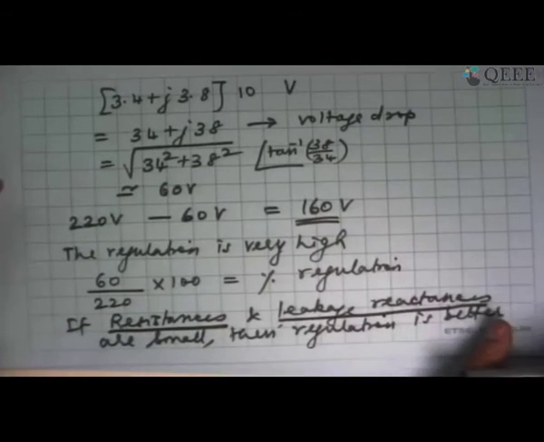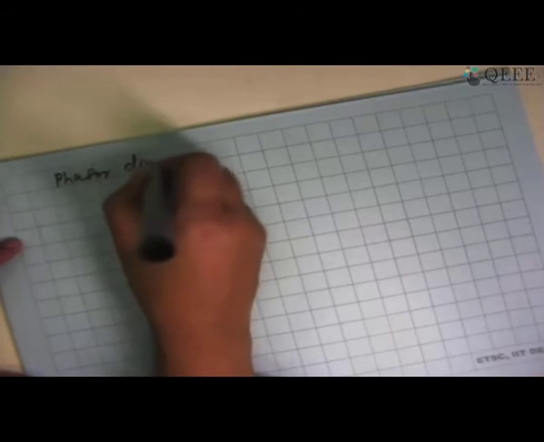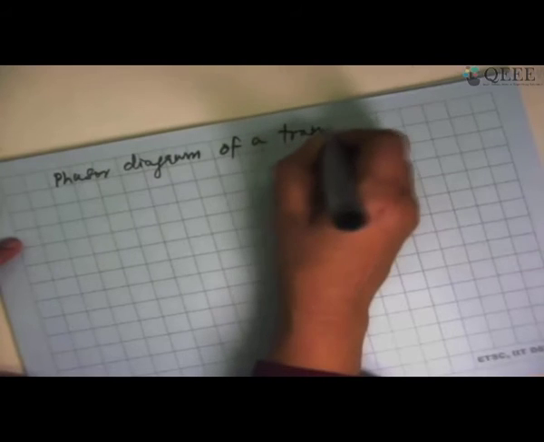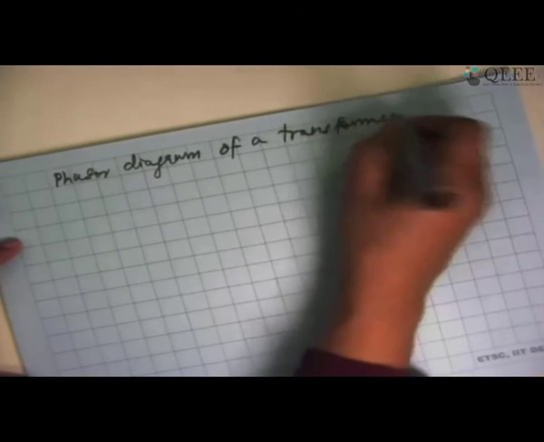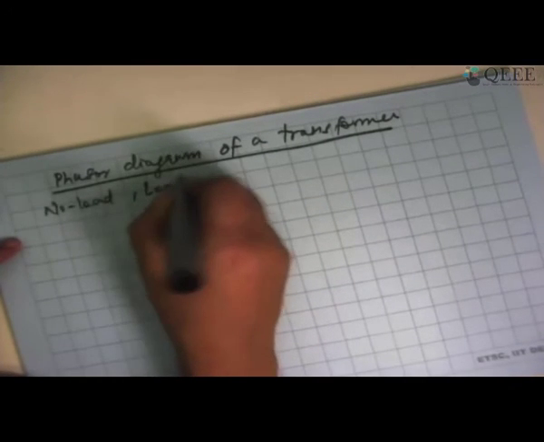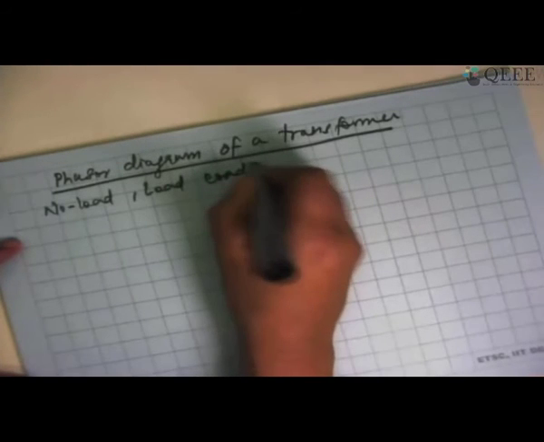So let us try to see whether we would be able to obtain a proper expression for regulation. Let me first of all draw the phasor diagram of a transformer. When I draw a phasor diagram of a transformer, I should include no load as well as load conditions into account.